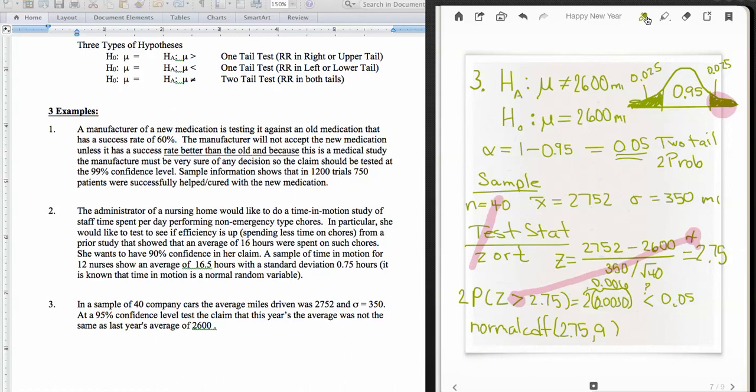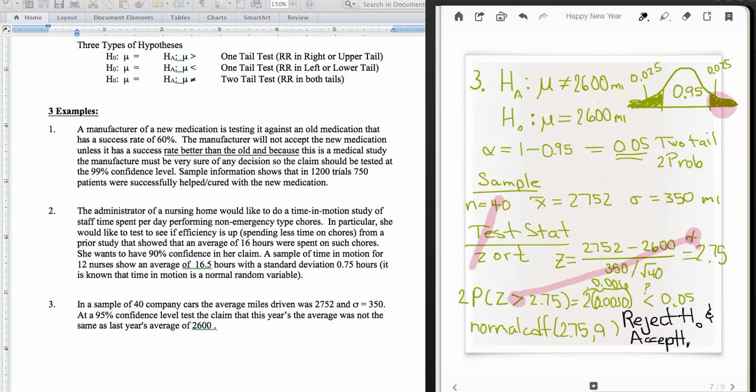And so this time around, we see that our decision is to reject, because it is successful. We reject the null and we accept the alternative.